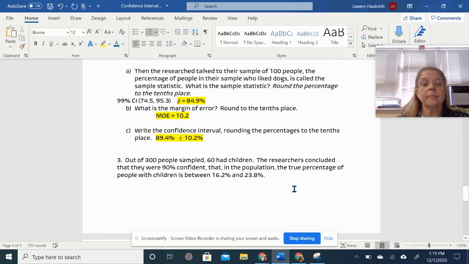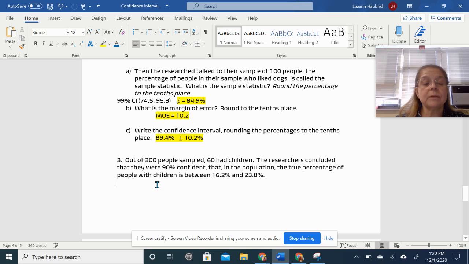And then this one's worded a little bit differently. Out of 300 people sampled, 60 had children. The researchers concluded that they were 90% confident that the true percentage of people with children is between 16.2 and 23.8.